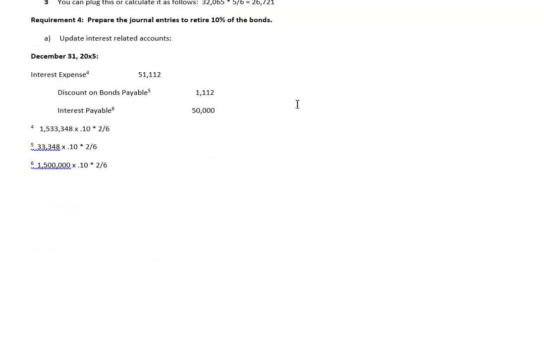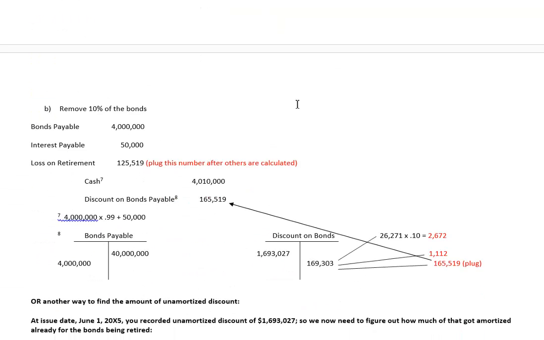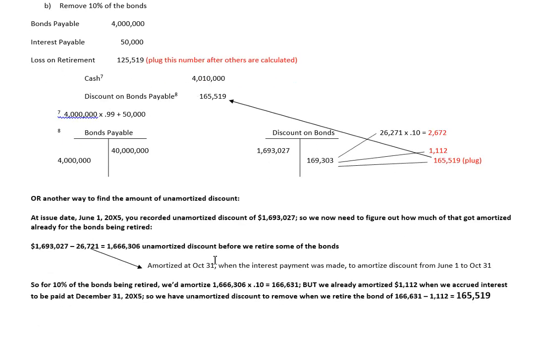So now what I'm saying down here is that you have left to amortize the rest, which is $1,666,306. That's what's left to amortize before we retire the bonds. So if this is what we amortized of the original, this is what's left.